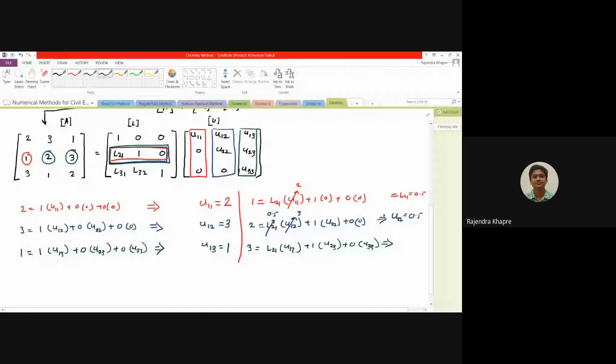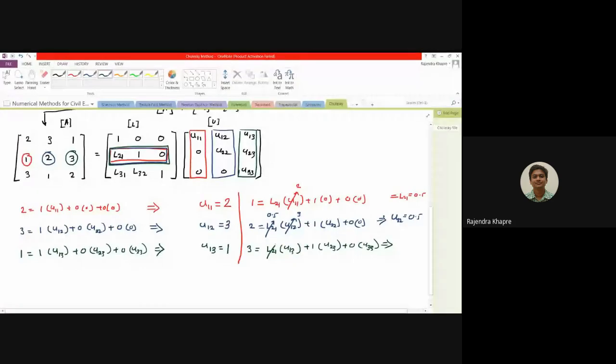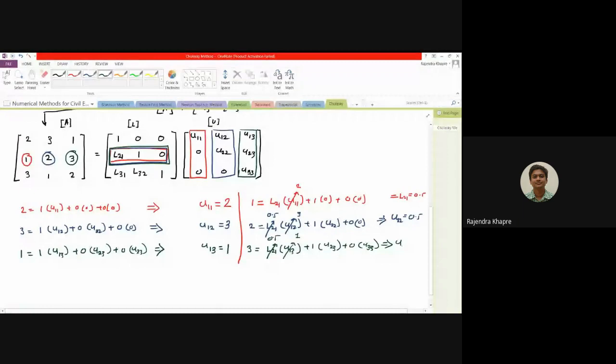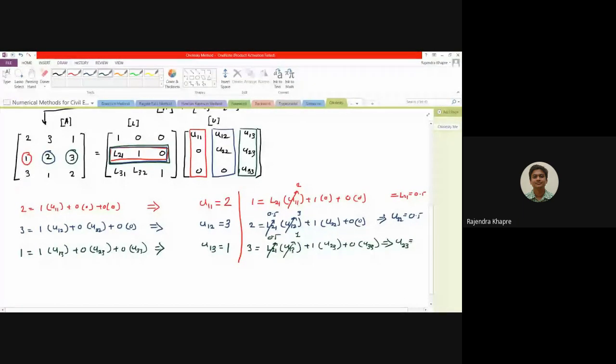Okay. So now out of which you already know the value of L21, this is 0.5. U13 value is already known to you, this is 1, and this will be 0. So you ultimately will be getting U23 as how much?